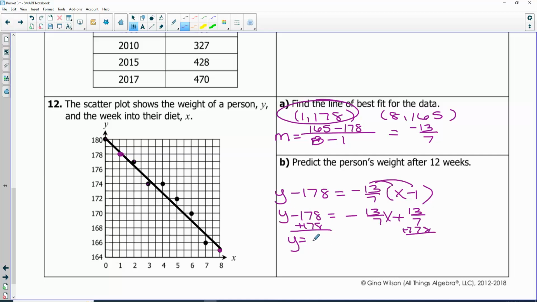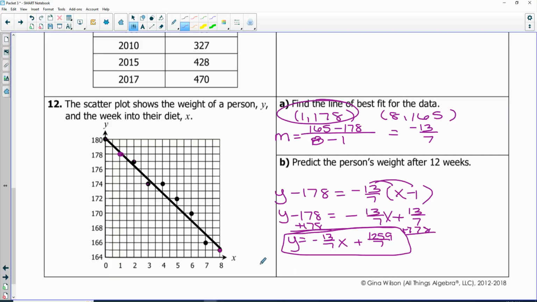We get y equals 13/7 x plus a really big fraction, 1,259 over 7. You could use decimals. This type of question in your EOC would likely be a multiple choice question, so you would just be picking the answer that was closest to yours.